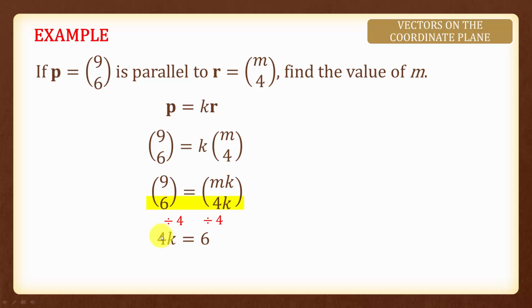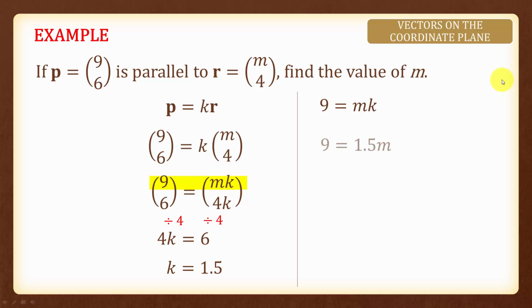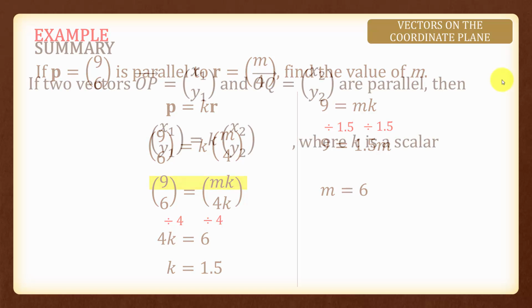Dividing 4 on both sides, we will have k equals to 1.5. Comparing the x value here, 9 is equals to mk. We will substitute the value of k equals to 1.5 here, and we will have 9 equals to 1.5m. Dividing 1.5 on both sides, we will find the value of m to be 6.